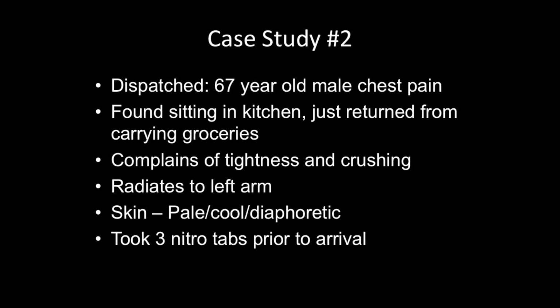When they're already telling you, hey, I have something going on, you've got to do something. Okay, radiates into the left arm, even more. So this gets very obvious, right? If you don't see this, then you're like blind, deaf, and whatever. Okay, 3 nitro taps already taken, right? So he's already self-medicated, hey, I'm all good, okay.